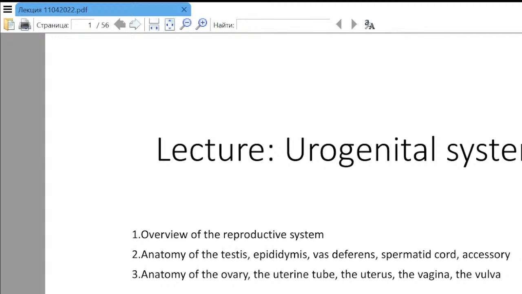Next questions: overview of the reproductive system; anatomy of the testes, epididymis, vas deferens, spermatic cord, and accessory glands; and third, anatomy of the ovary, the uterine tube, the uterus, the vagina, and the vulva.